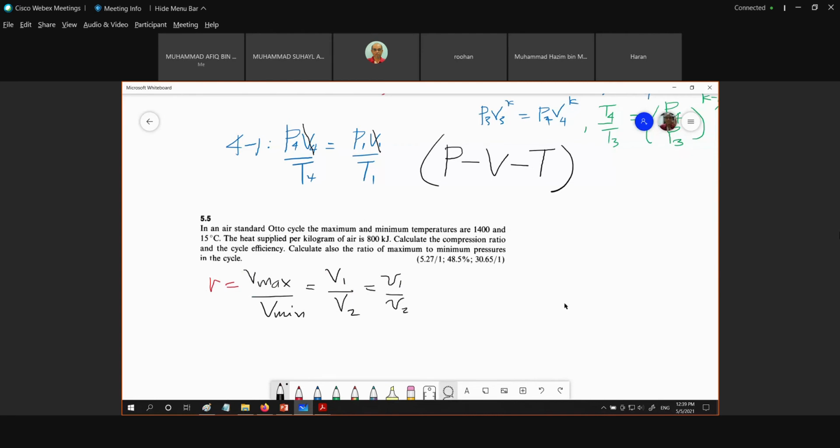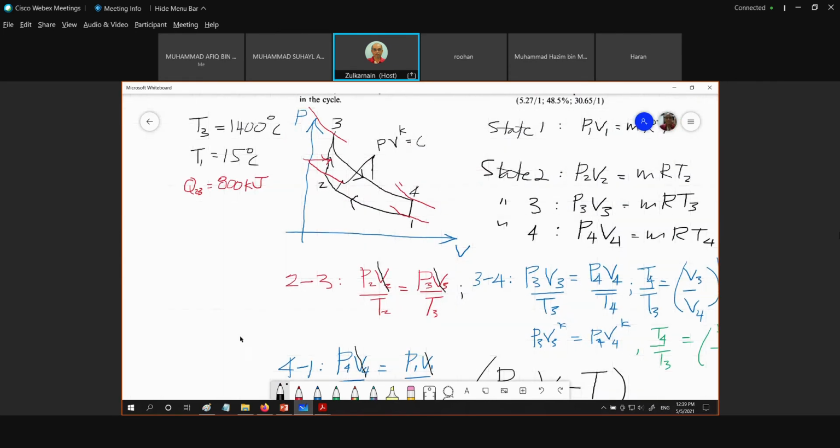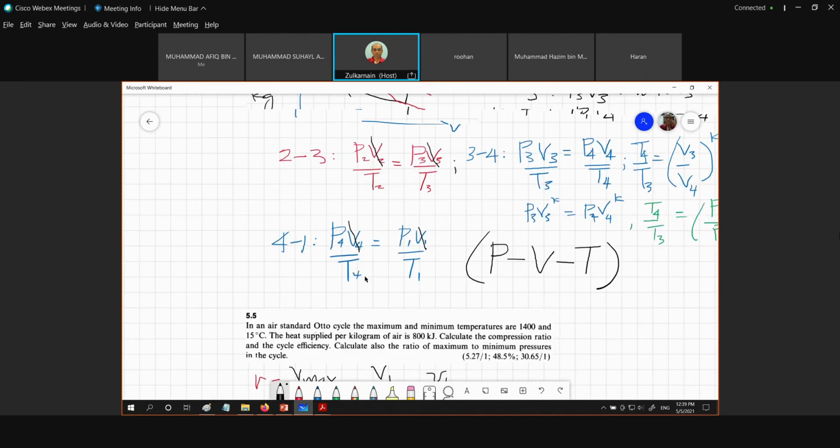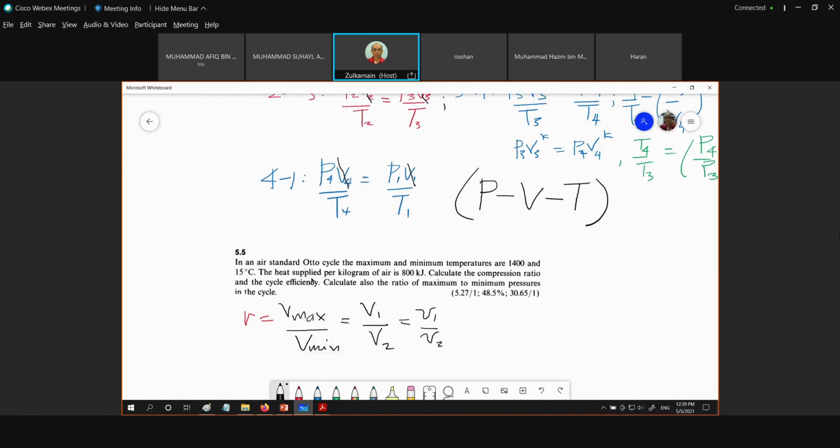Okay, and in terms of this unit, we could also write the Q23 for every kilogram. It was given in the question for the heat supply, 800 kilojoule per kilogram. So how do we get the V1?